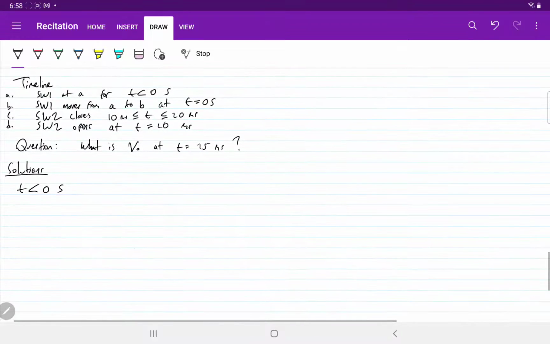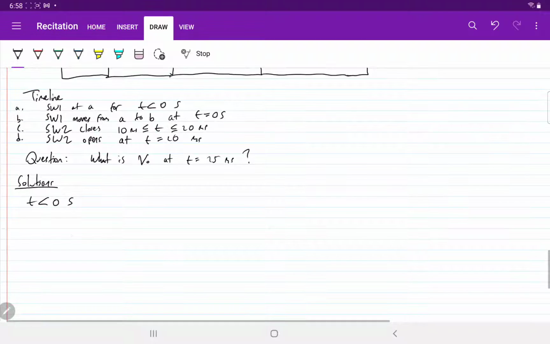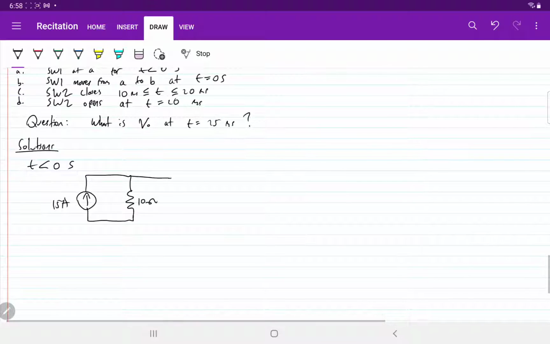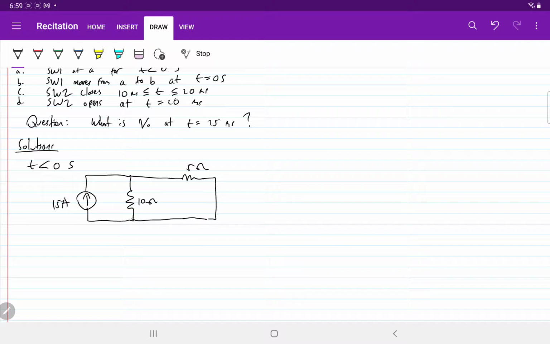So you have this circuit: 15 amps, 10 ohm, and you have 5 ohm, and the inductor is a short circuit, and you can say this is I0 at 0.